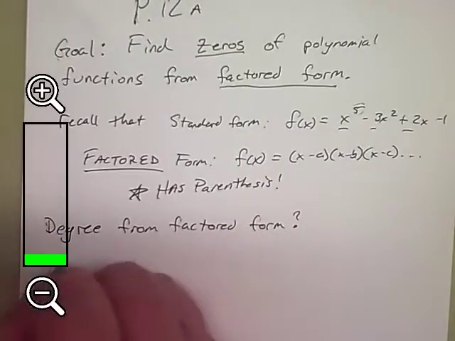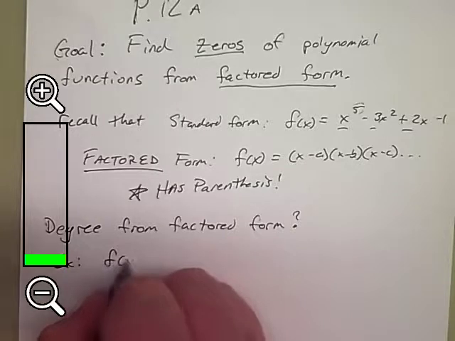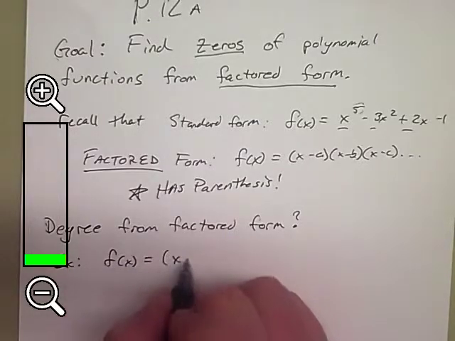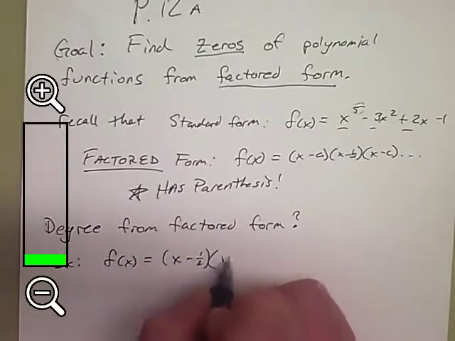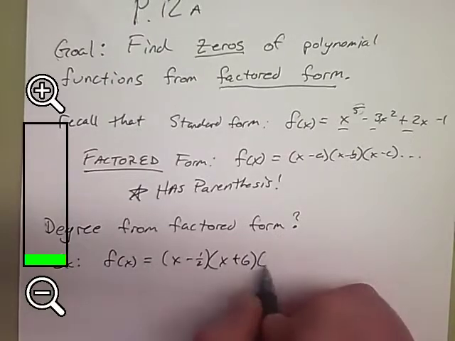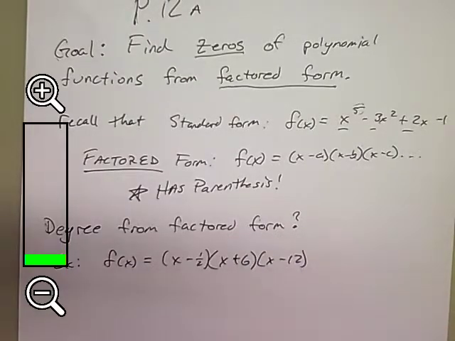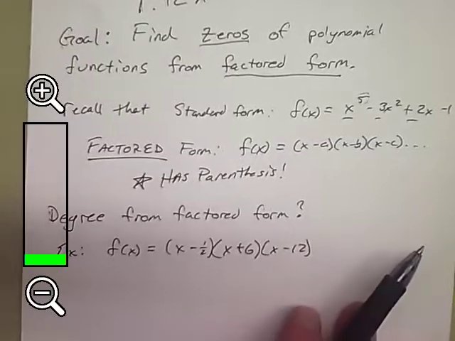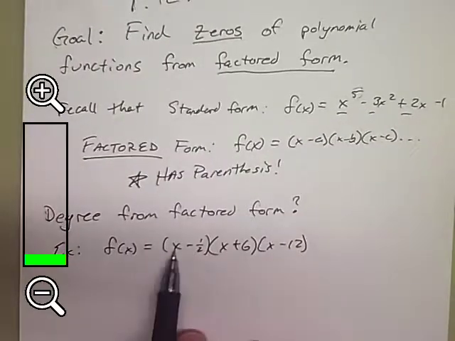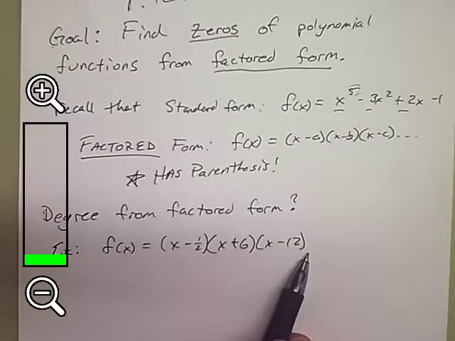So, for example, if I had f of x equals x minus 1/2, x plus 6, x minus 12. Okay, so how many factors do I have? Well, I have 1, 2, 3 factors.